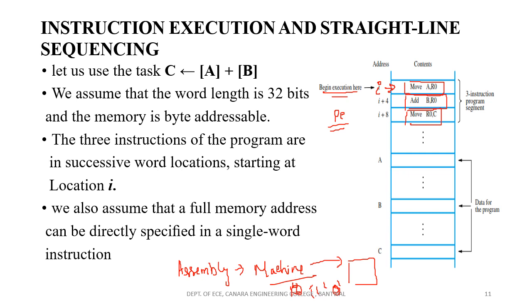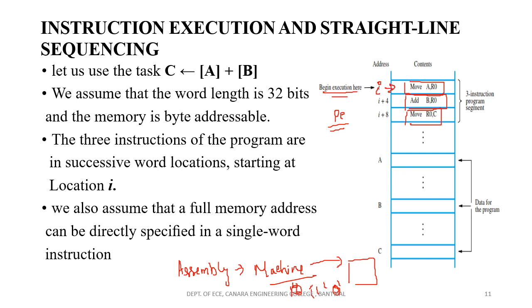Here it is move. That means as soon as this instruction is decoded, the processor understands that a copy of the content that is present in A has to be moved to the R0 register. As soon as the execution takes place, the copy of A is copied into R0.